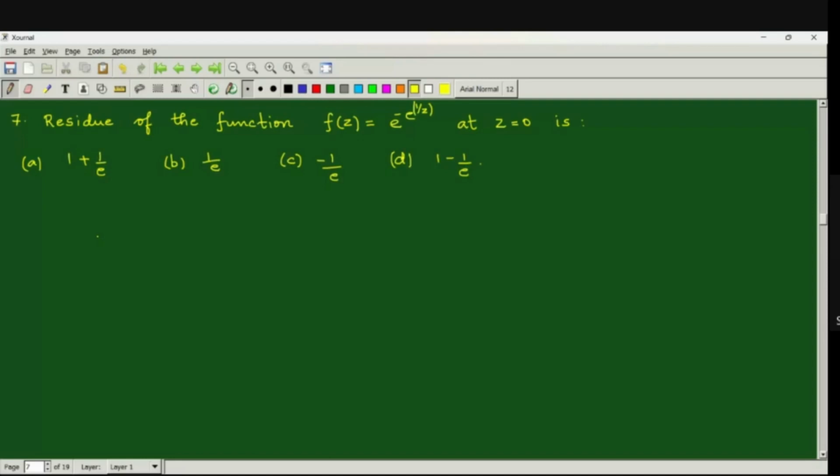n equal to 0 to infinity, minus, thing is e power 1 by z. Now a mistake can occur.